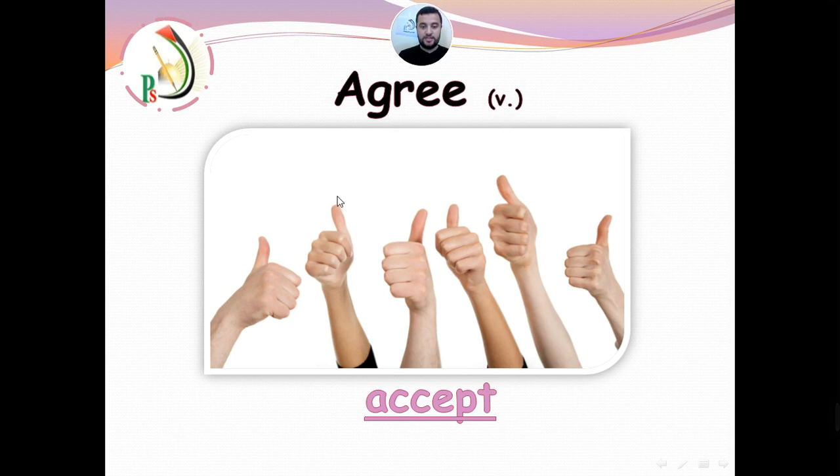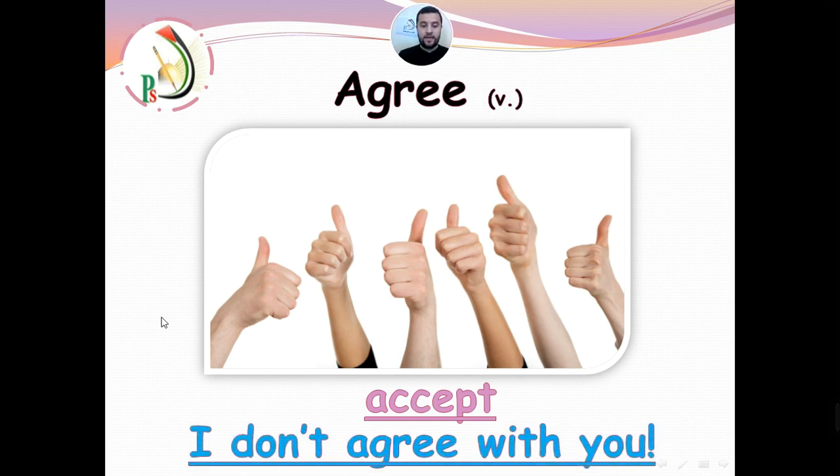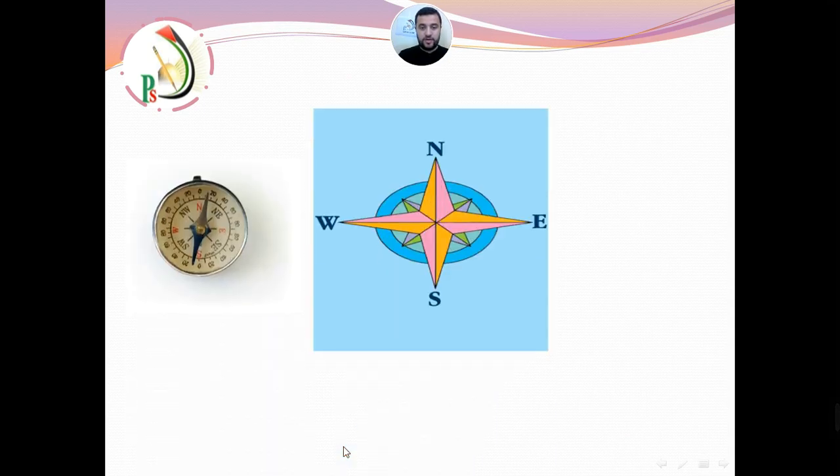Let's see this example to make it more clear. You said something and your friend said, I don't agree with you, or I agree with you. Agree means accept.